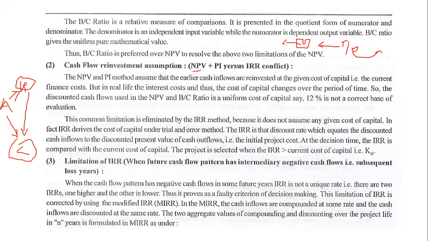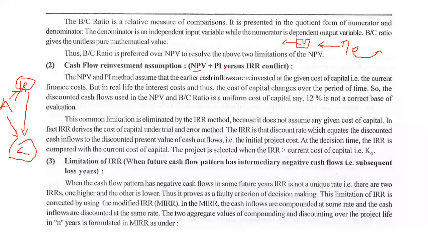There are two IRRs, which we already discussed, the lowest and the highest value, and thus it provides a faulty criterion for decision making.